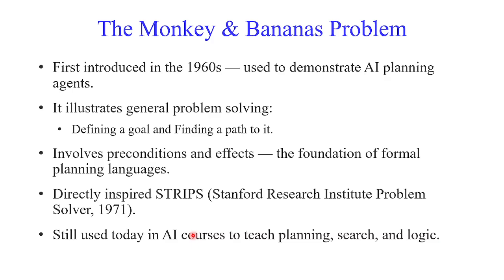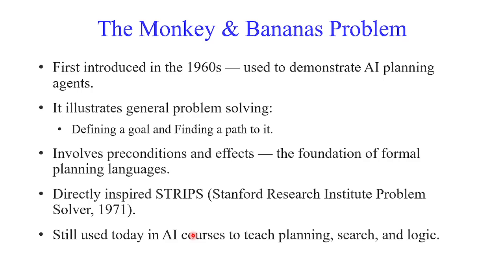Now, this monkey and banana problem was first introduced in 1960. Its primary purpose was to demonstrate how an AI planning agent works, specifically how an intelligent system can define and find a path to achieve a goal.